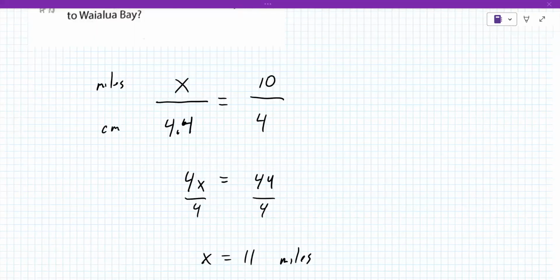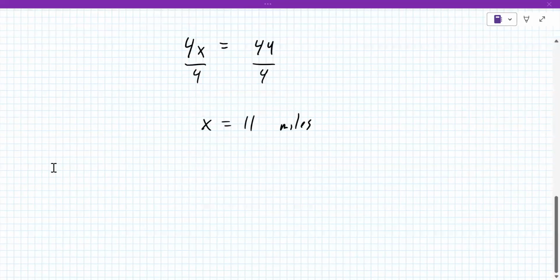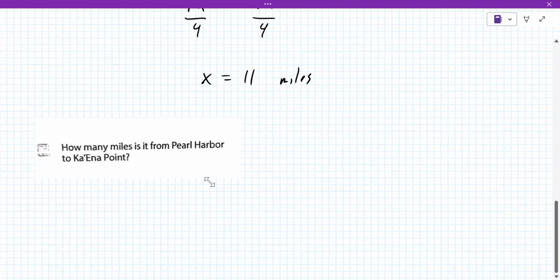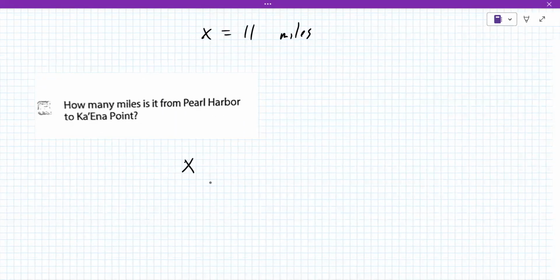Okay. And then the next one's how many from Pearl Harbor to Kaneohe points. Okay, that is 10 centimeters. So if you keep setting it up the way I'm showing you, it's set up the same every time.